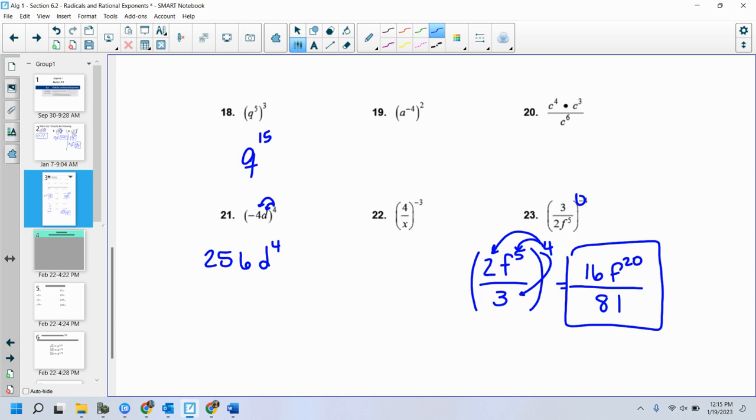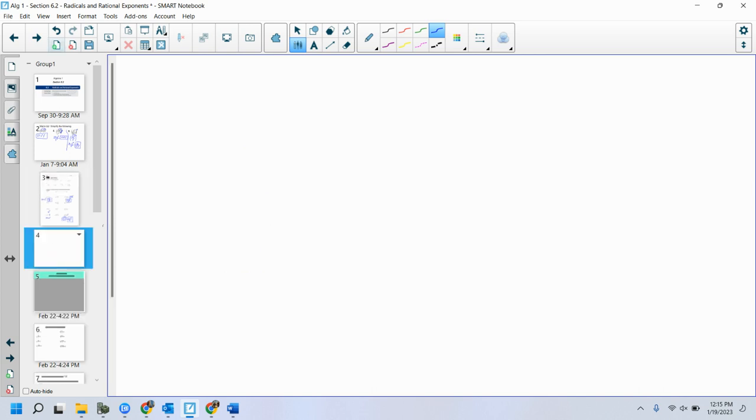All right, let's take a look here. Section 6.2, radicals and rational exponents. Now, let me ask you something. Don't even look down at your notes yet. What is 4 squared? 16, thank you.